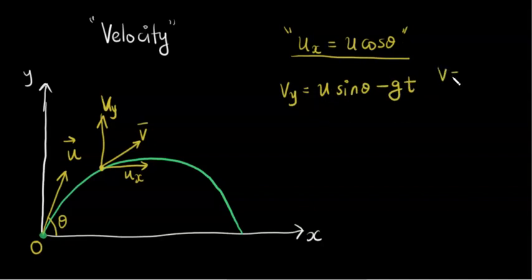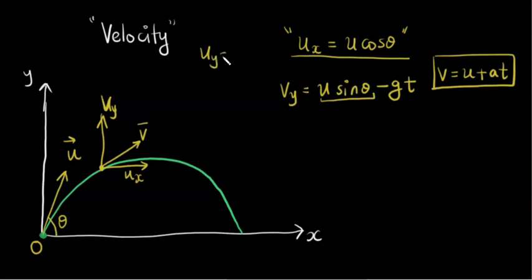I am using the formula v is equal to u plus at. The final velocity is initial velocity plus at. Here the initial velocity in the y direction is u sin theta, because the y component of the initial velocity is u sin theta. So vy is equal to u sin theta minus gt.